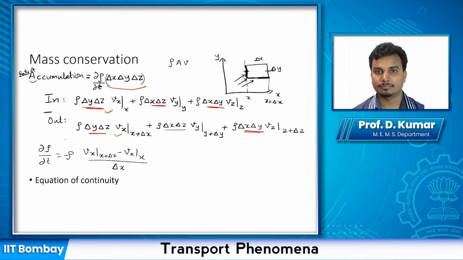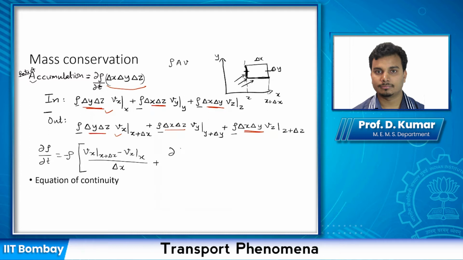Okay, so now we can also see that density is common in all six terms that you have written here. So we can take this common, and you can actually take minus of density common, so that you can write out minus in, because that gives you the derivative.